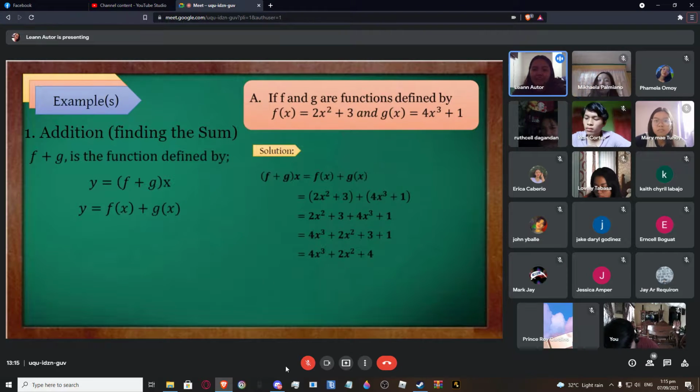And then the last one is kanang walay variable, or kanang 4. So again, i-rearrange. Una ang 4x cubed, dayon 2x squared, and then what we did here sa 3 and 1 is gi-add.